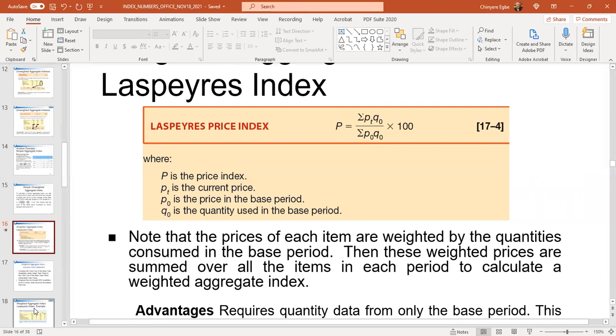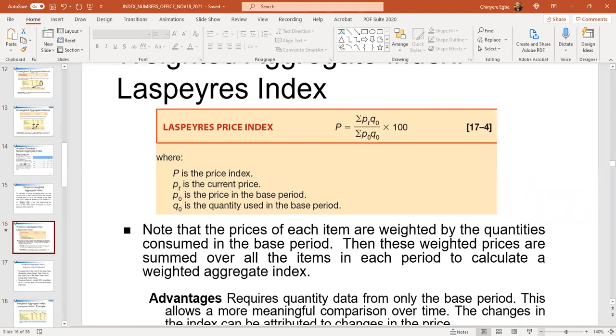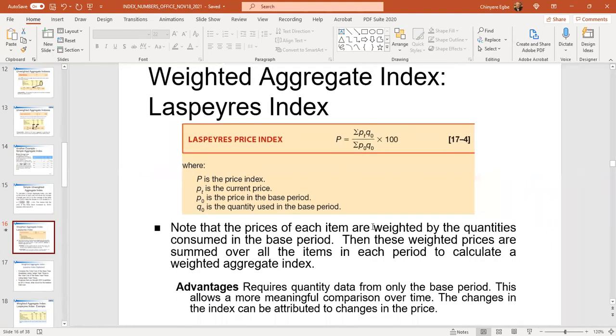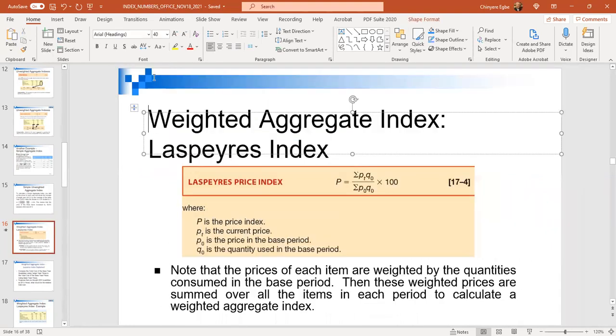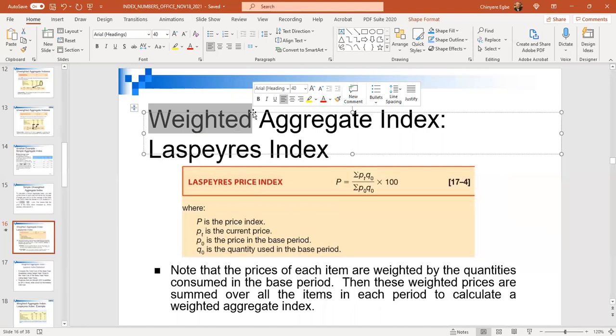Okay. So now the difference between the other indexes that we calculated is that we call this a weighted index. Okay, it's a weighted index. So we weight quantities by prices.